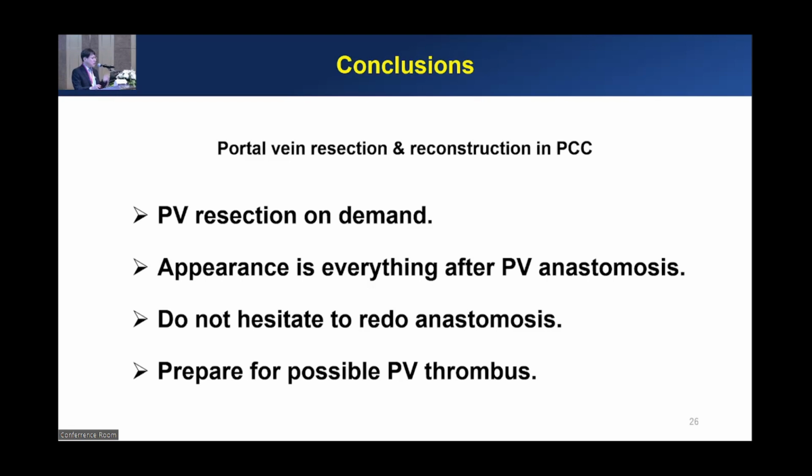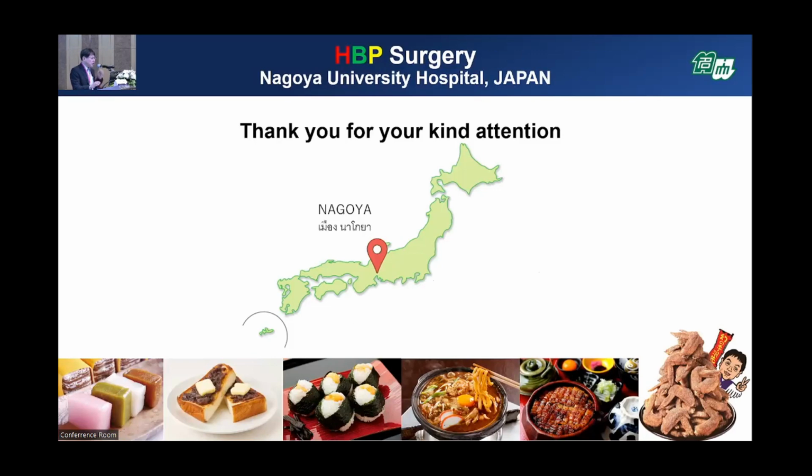So gross inspection is very important, and do not hesitate to redo the anastomosis when you see a not so good finding at the portal anastomosis site. And always prepare for possible portal vein thrombus. This is my message about portal vein resection and reconstruction. Thank you for your attention.